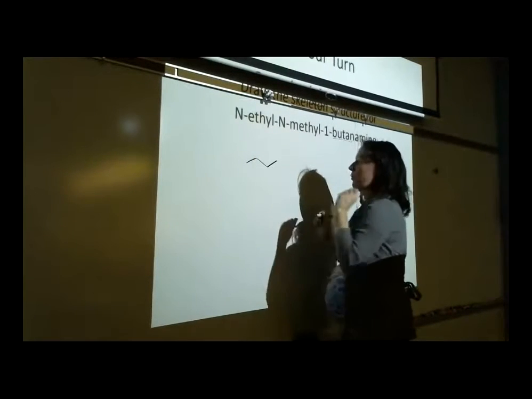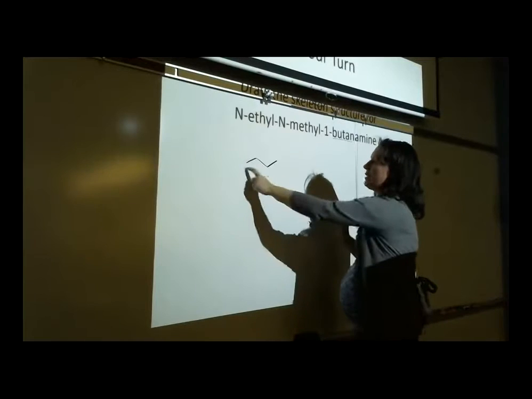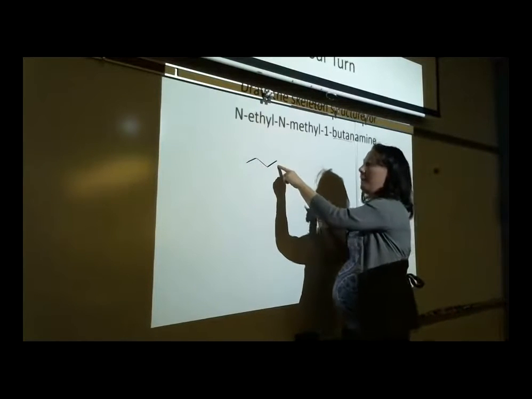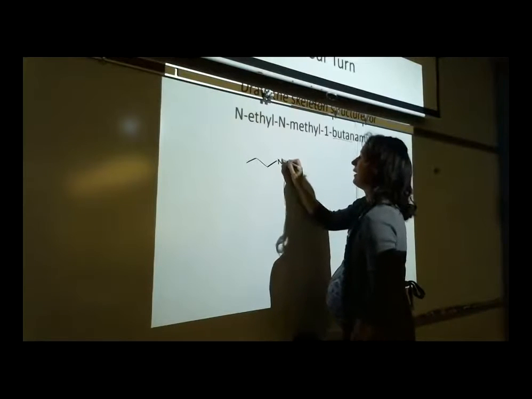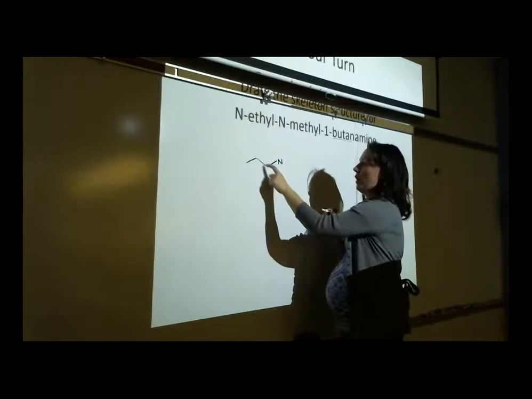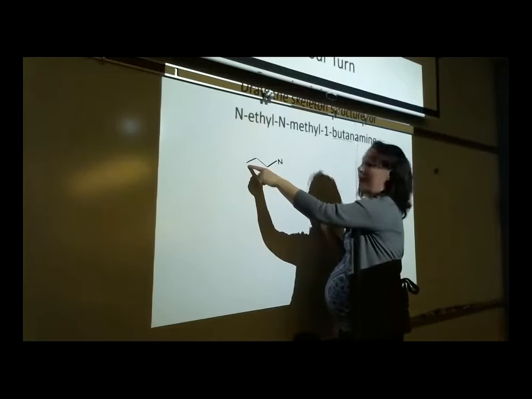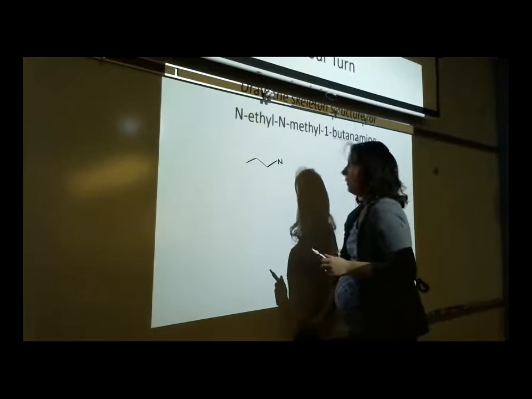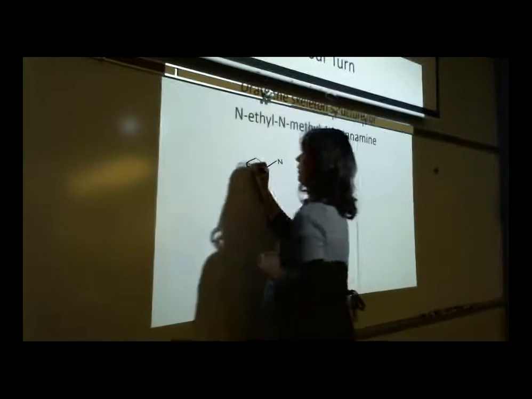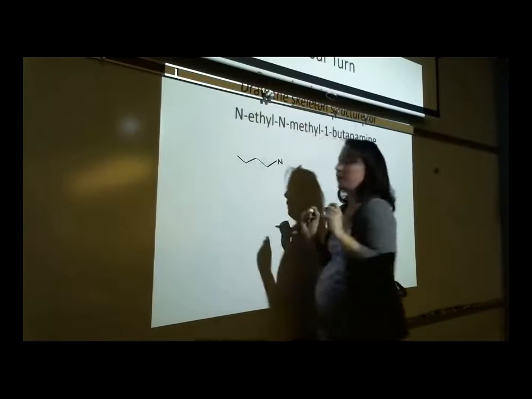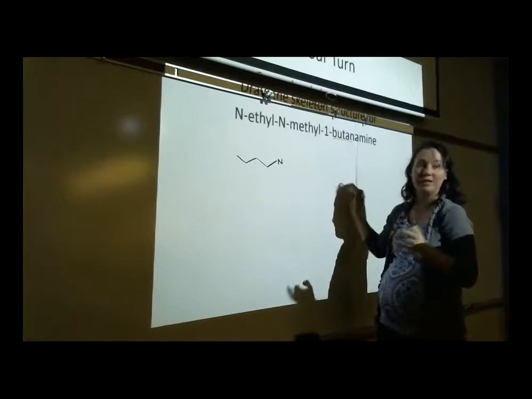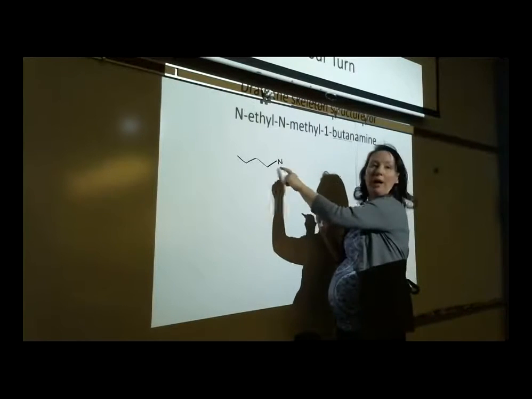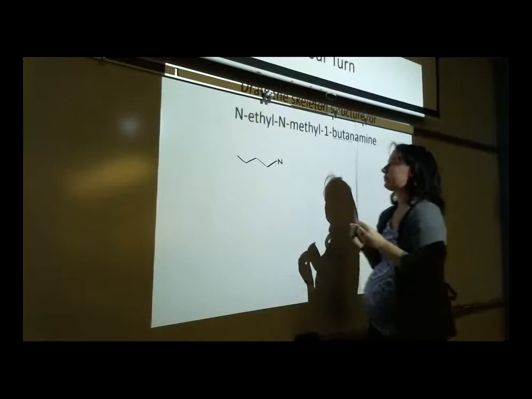Now here's the problem that a lot of students run into. This needs to be 4 carbons long before you start putting any substituents on, right? If we put an N right here, that's a 1, 2, 3 carbon chain, right? So make sure that your chain has the correct number of carbons. Because this is a really common mistake I see students make. They'll start counting out 1, 2, 3, 4, and then they'll start sticking stuff on the end, and they accidentally chop off one of their carbons.